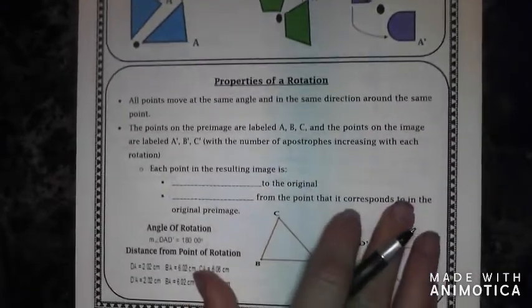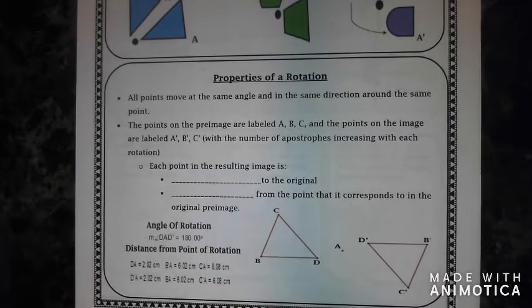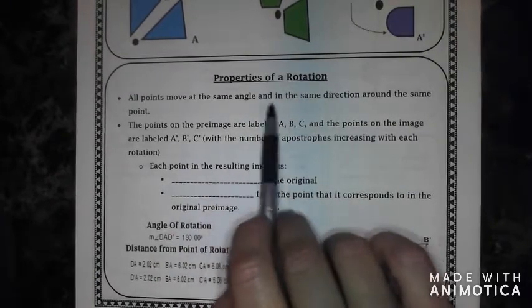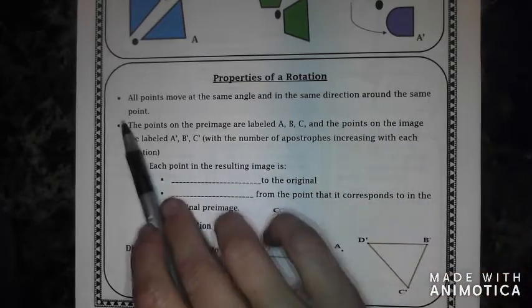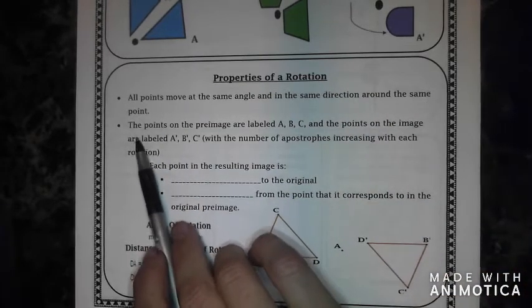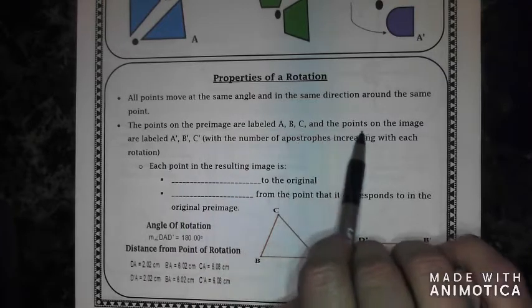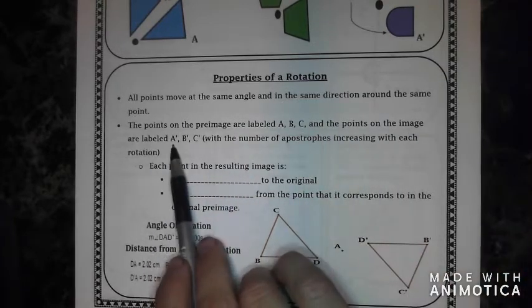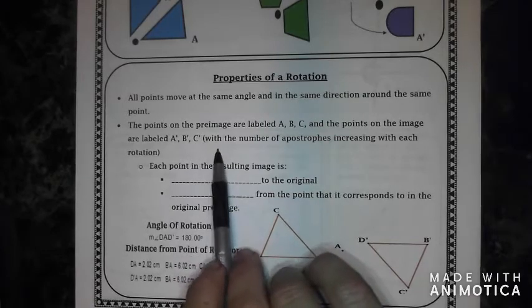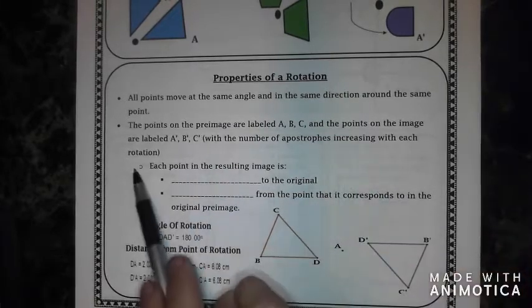Properties of rotation. All points move at the same angle and in the same direction around the same point. The points on a pre-image are labeled A, B, C, and the points on the image are labeled A prime, B prime, C prime. The number of apostrophes increases with each rotation.